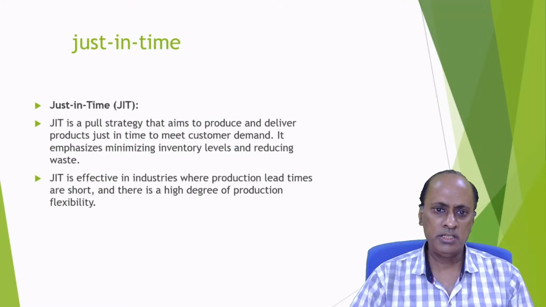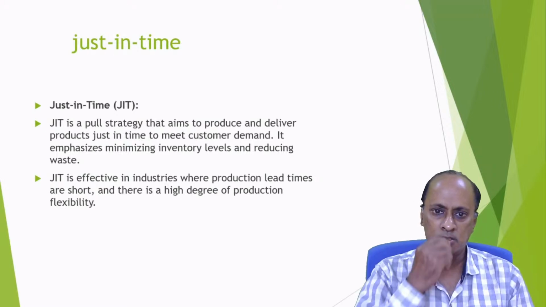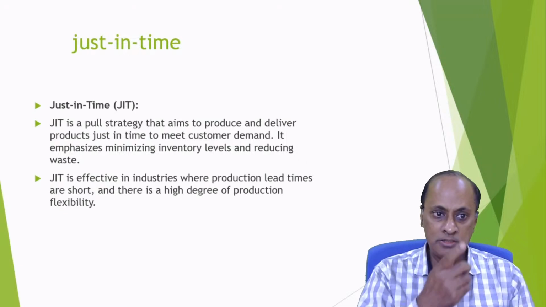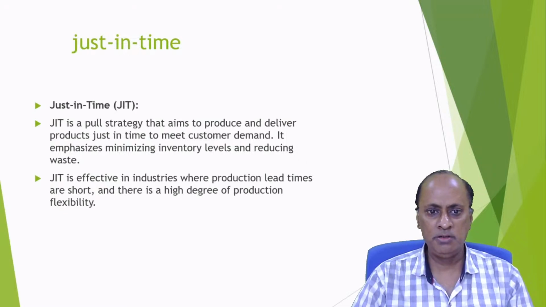JIT is a pull strategy that aims to produce and deliver products just in time to meet customer demand. That's why it emphasizes minimizing inventory levels and reducing waste. JIT is effective in industries where production lead times are short and there is a high degree of production flexibility.